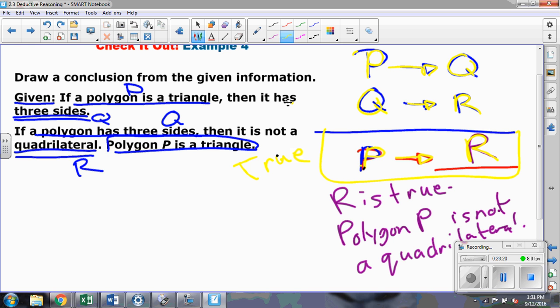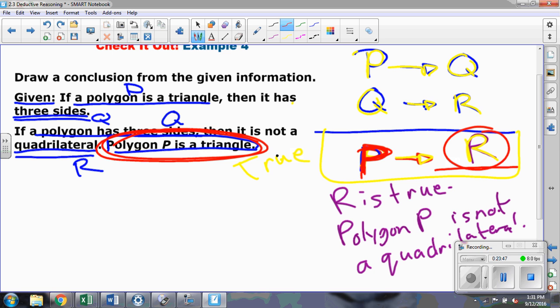But this piece got tied into it, telling us that this actually was a true component. Knowing that that component was true, we could then apply detachment, and that's what got us the R being true also. This particular problem actually combined both forms, syllogism and detachment.